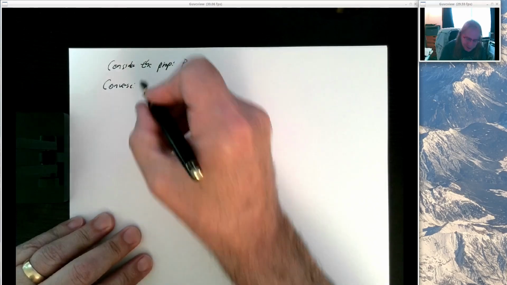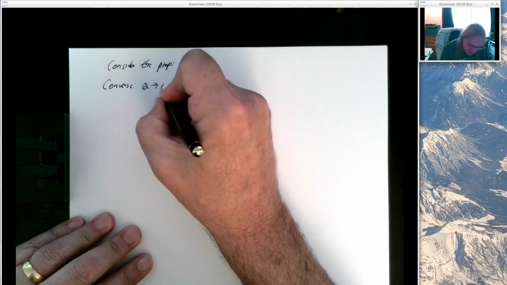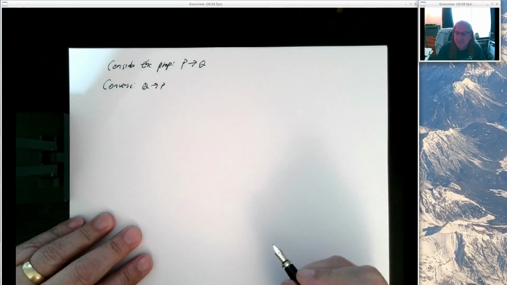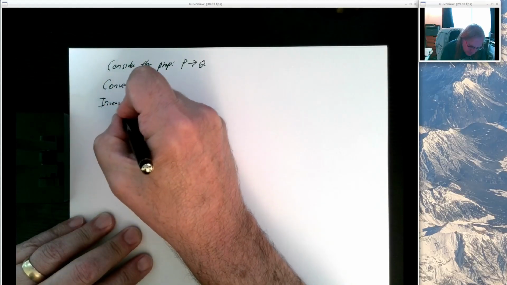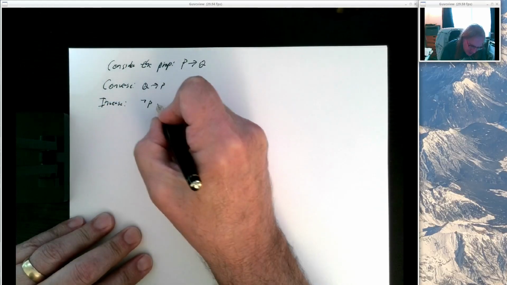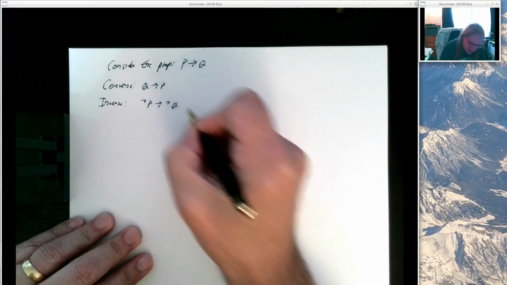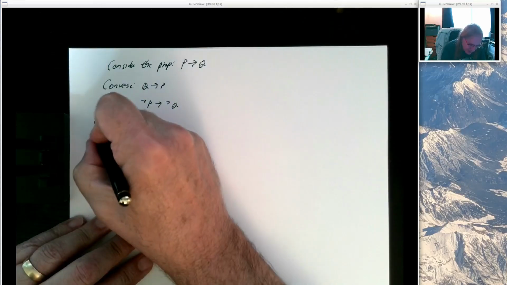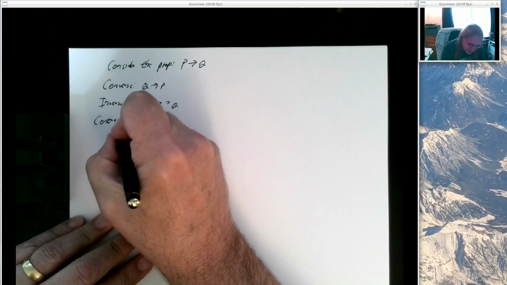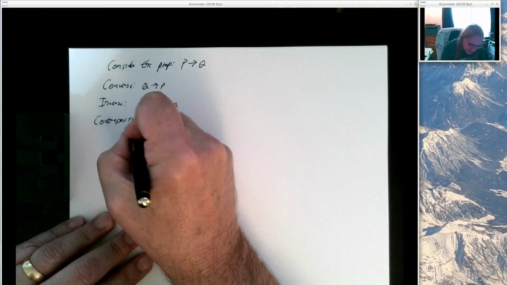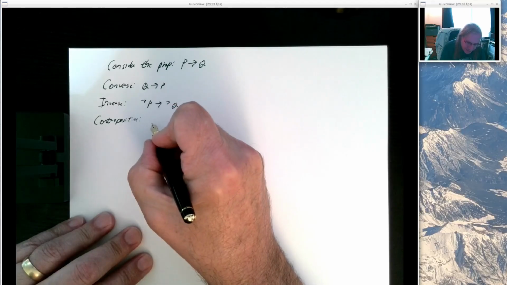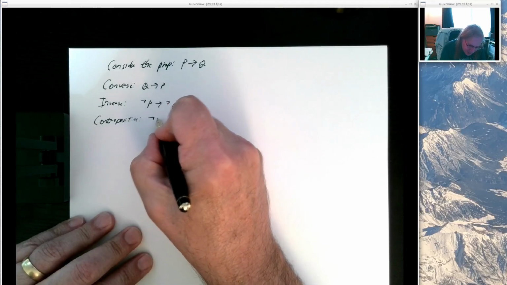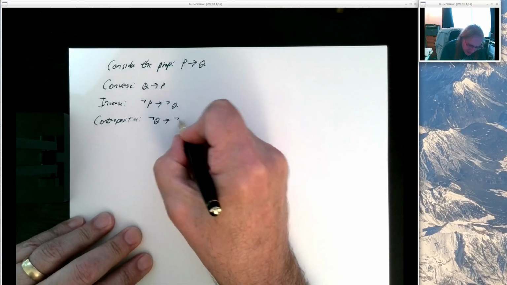And the converse says if Q, then P. The inverse says if not P, then not Q. And something called the contrapositive combines these two. It says if not Q, then not P.